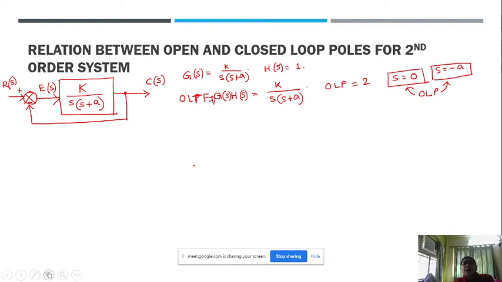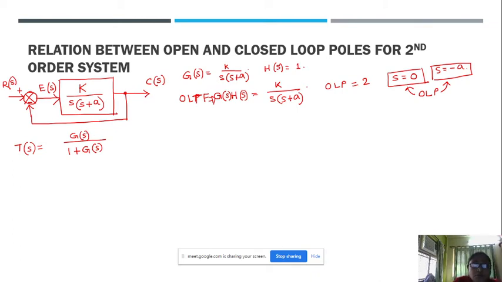Now, how to get the closed loop poles? If we take the closed loop transfer function of this system, suppose it is T(S), it will be G(S) upon 1 plus G(S) into H(S). Now H(S) is 1 here.